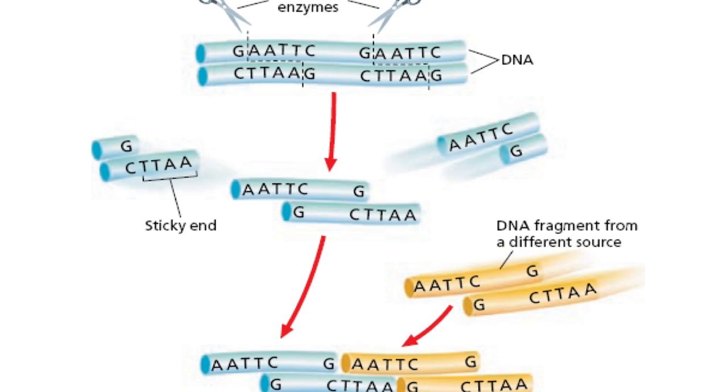So here's a picture of it. Here are the restriction enzymes acting like scissors, cutting out this piece. Both the fragment and the rest of the DNA have sticky ends.